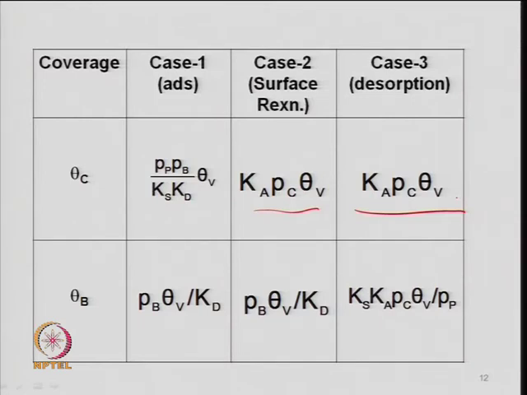For different reactions these will change, and one has to identify them. Same thing for benzene also. One can see this for the adsorption step, for surface reaction and for desorption. One has to define this depending upon the reaction and rate controlling step, how the coverage changes for a given reactant or product species.